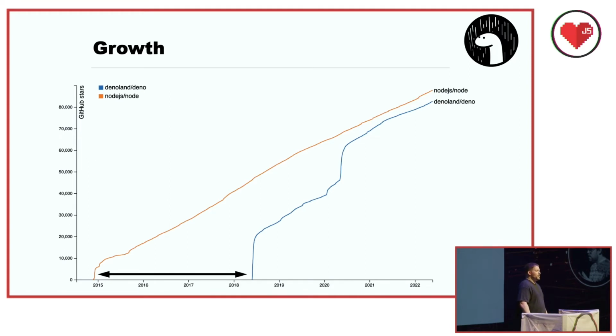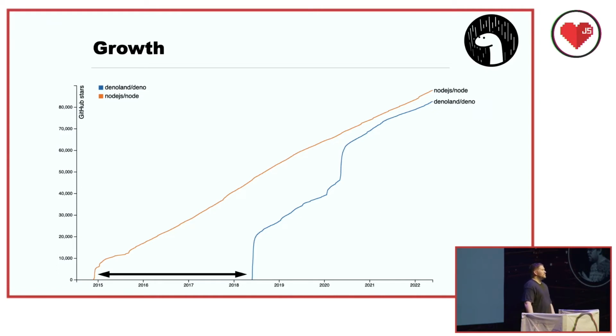So I wanted to talk a little bit about how Deno has grown since it's been announced. I have a chart here that shows a graph of GitHub stars over time for both Node.js and Deno. For some reason, the chart would only go back to 2015. Node has actually been around longer than that. But you'll see that Node had a pretty substantial head start on Deno, and Deno has pretty rapidly caught up with GitHub stars at least.